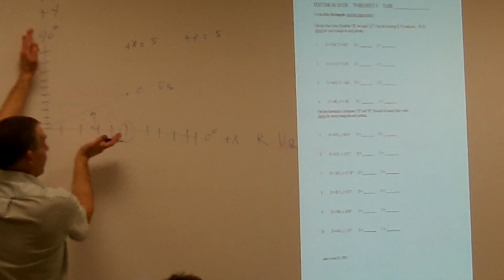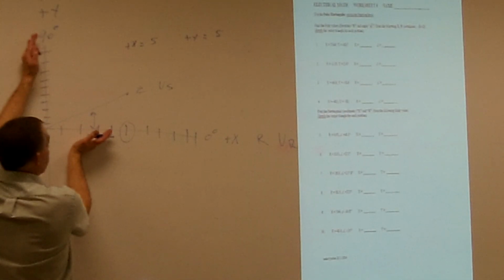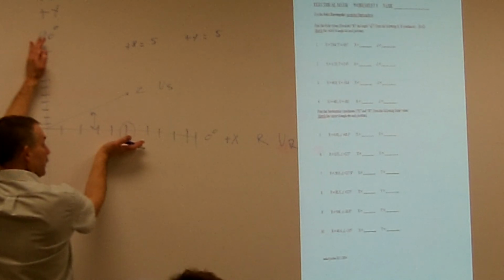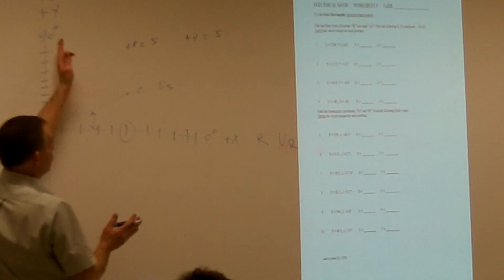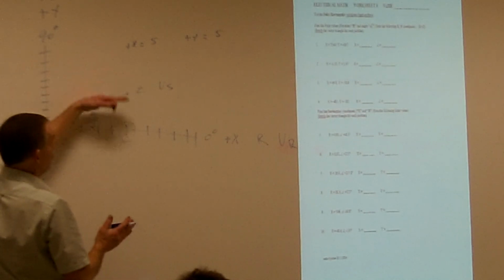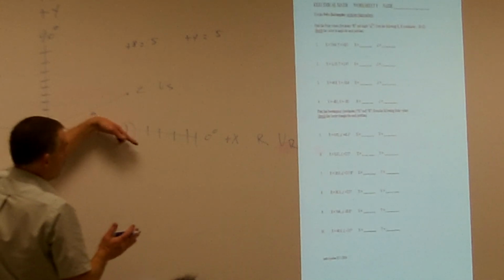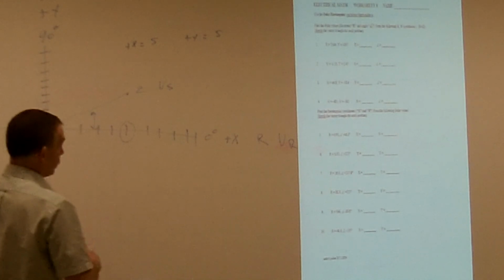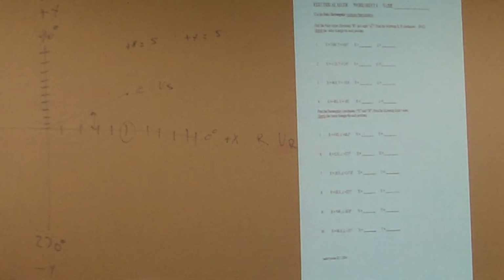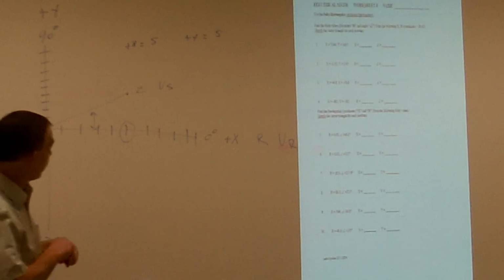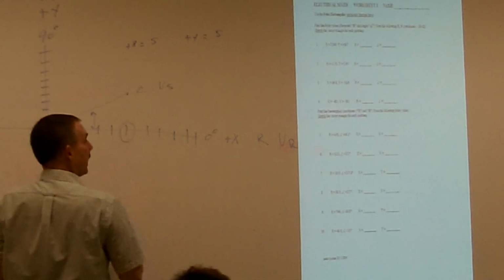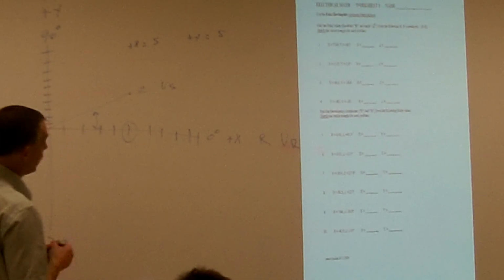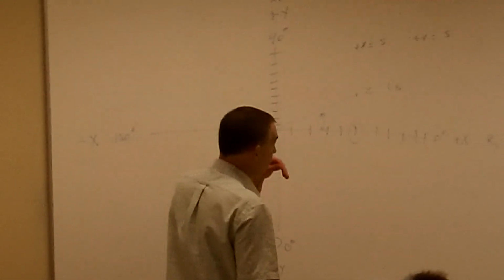My voltage across my inductor is going to be leading the voltage across my resistor by 90 degrees. And my voltage source is going to be somewhere between my voltage of my resistor and my voltage of my inductor. But you'll see that once we get to doing the worksheets. This is how we're going to have to add up all our totals. We're going to have to do everything kind of vectorially.